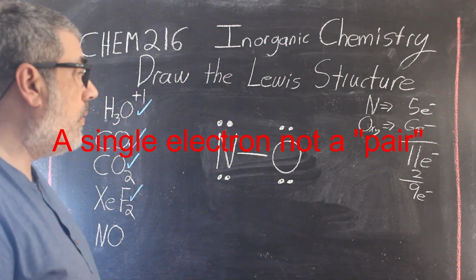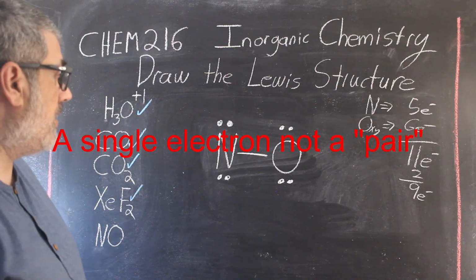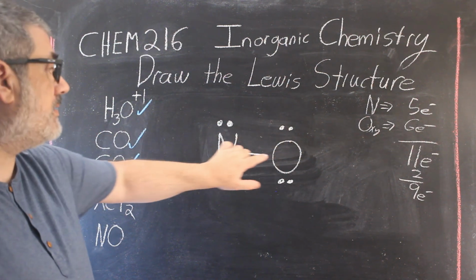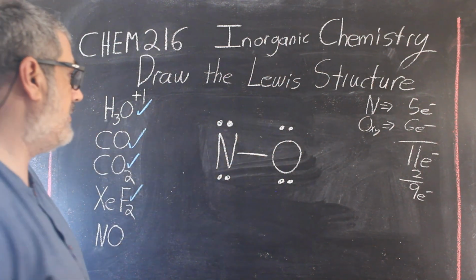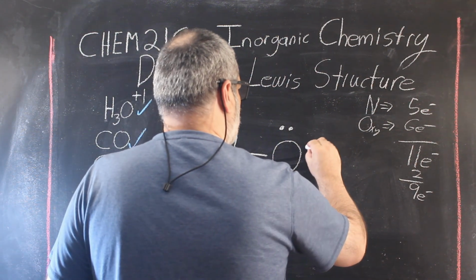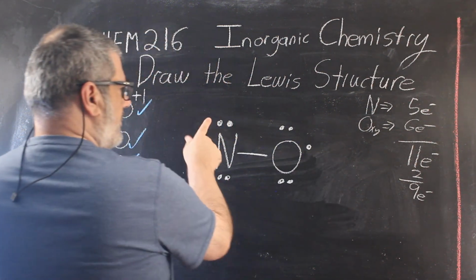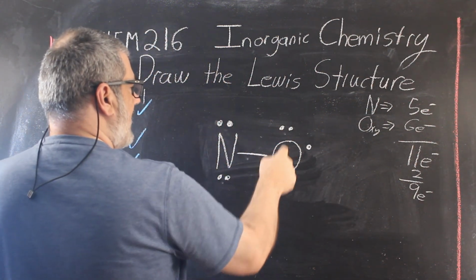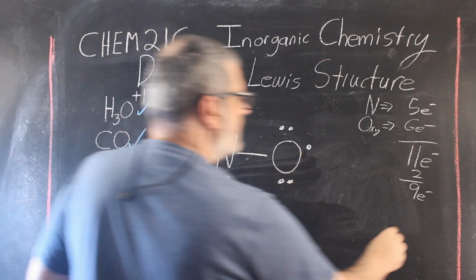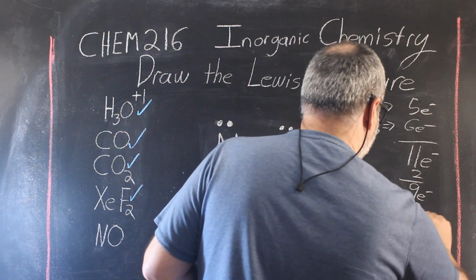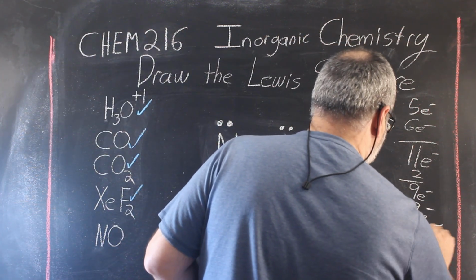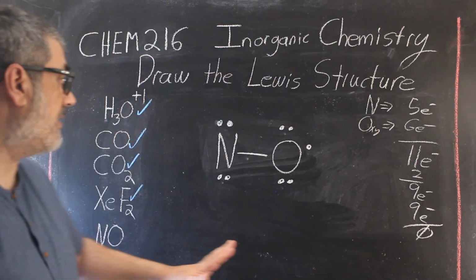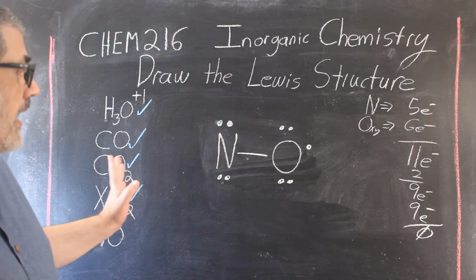And now, what do we do with the last lone pair? Does it go on nitrogen? Does it go on oxygen? So let's put it on oxygen. 2, 4, 6, 8, 10, 11. Lost count there. So we've used all our electrons.